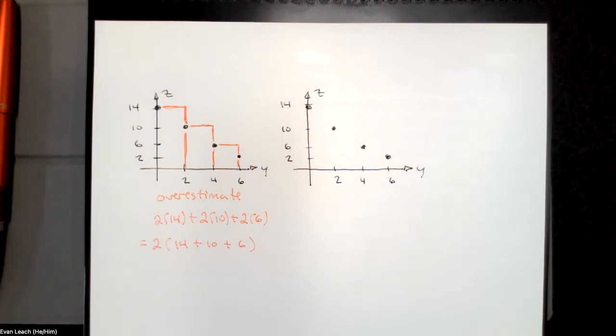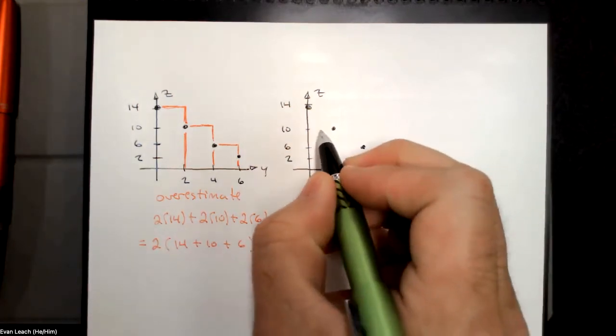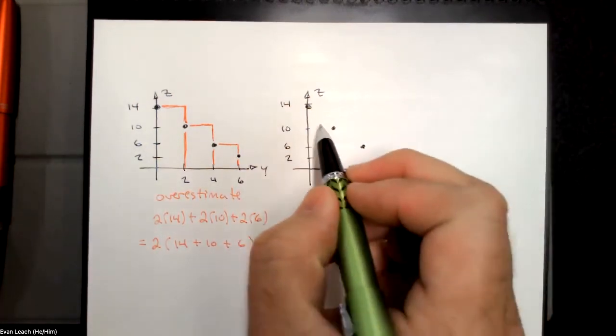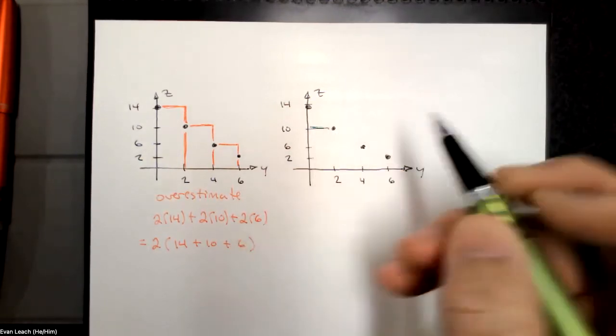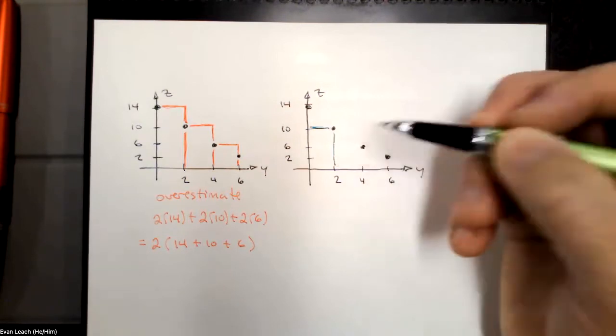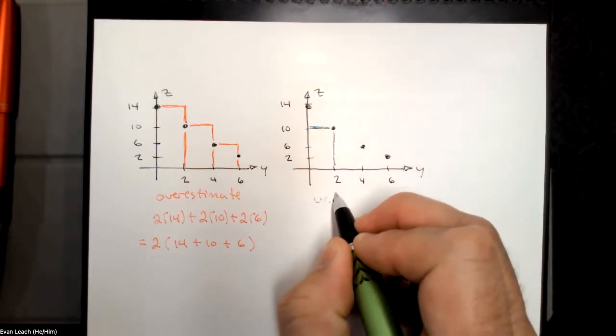I'm taking the width and multiplying by all the left endpoints. Since this function is decreasing, the left endpoints are going to overestimate. For the underestimates, we're going to use the smaller value. G of y is between 10 and 14, so I'm just going to use 10 the whole time. And so here's what our underestimate is going to look like.